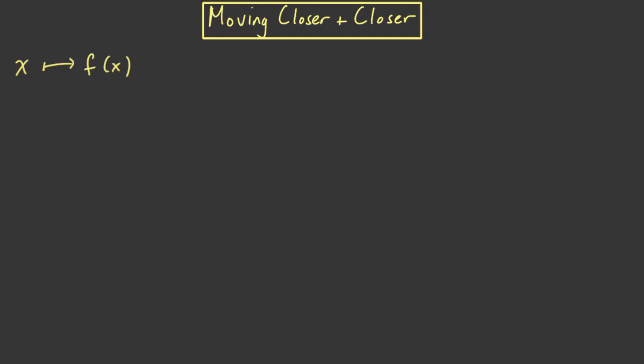So we would want to know what happens when the input moves or varies. For instance, we could ask what happens as the input moves really closer and closer to some point. Let's say 1. And to be even more specific, let's say that x is moving towards 1 from the left.